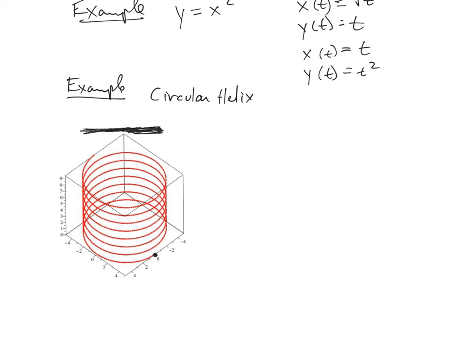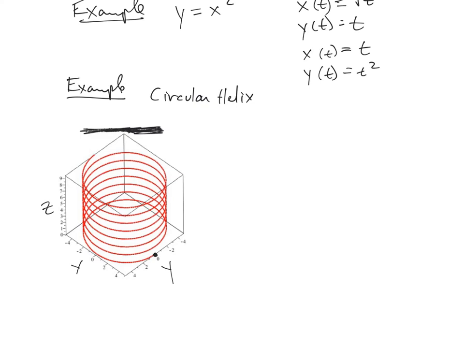Okay, well, break it down. We've got 3 dimensions, x, y, and z now. If that's z, then this is x, and this is y, or the other way around, maybe. Doesn't matter. Let's make this z. So in the xy plane, what's going on with this curve? If you neglect the z direction, what's going on in the xy plane? Circle.